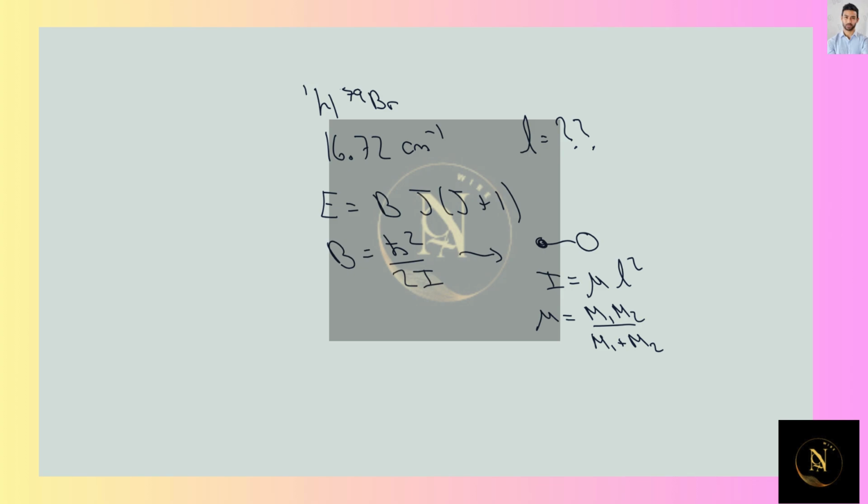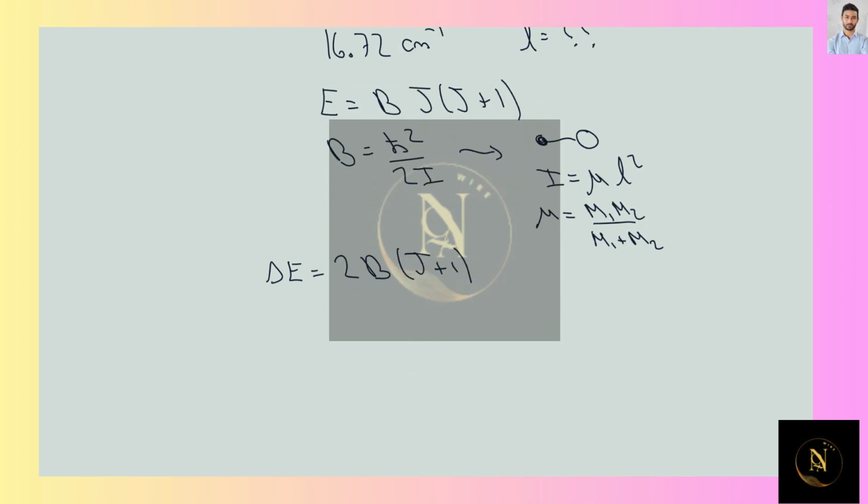Now, by using these formulas, we can know that the difference of energy in a rotational spectrum is going to be equal to 2 times B times (J plus 1). Furthermore, we can directly express this in terms of frequencies as follows.